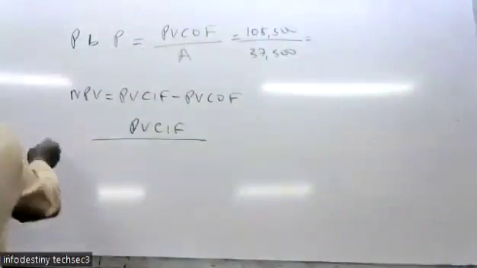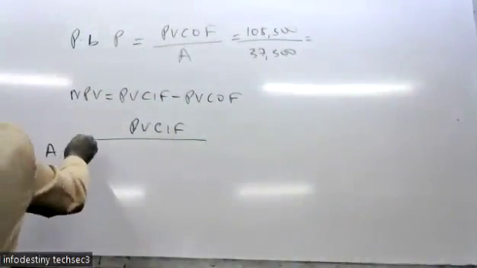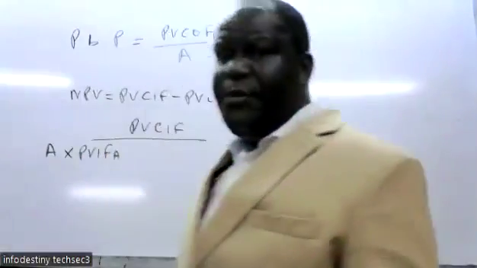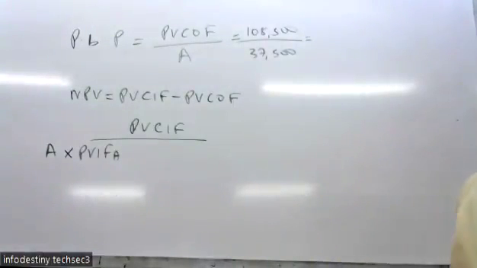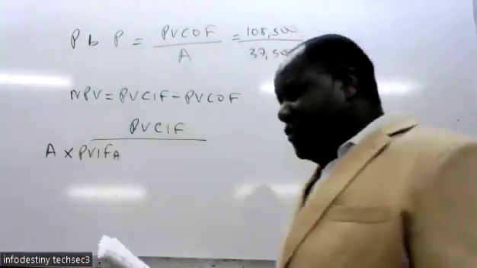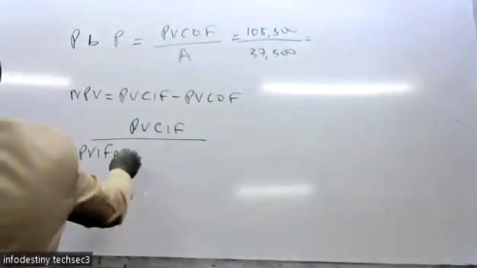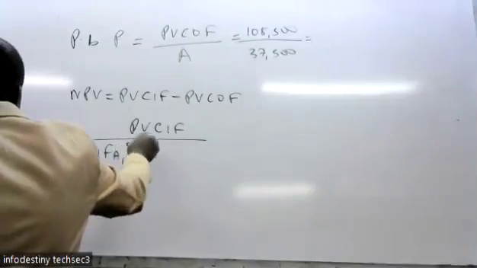To get it, the first one is the annuity multiplied by the present value interest factor for the annuity. The cost of capital is the required rate of return, given as 15% for 8 years.